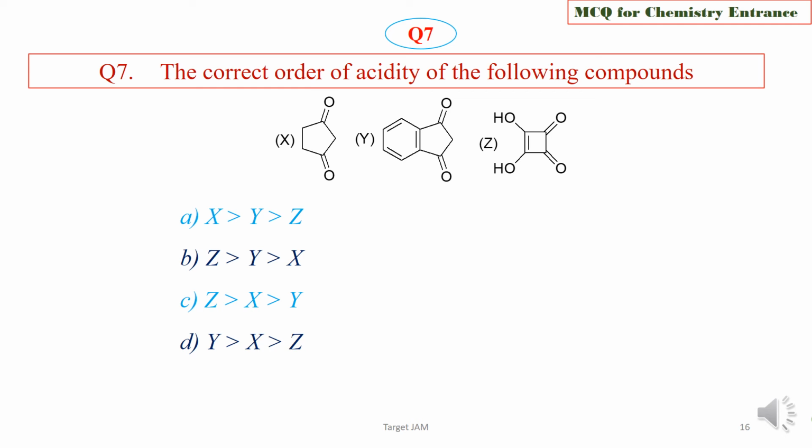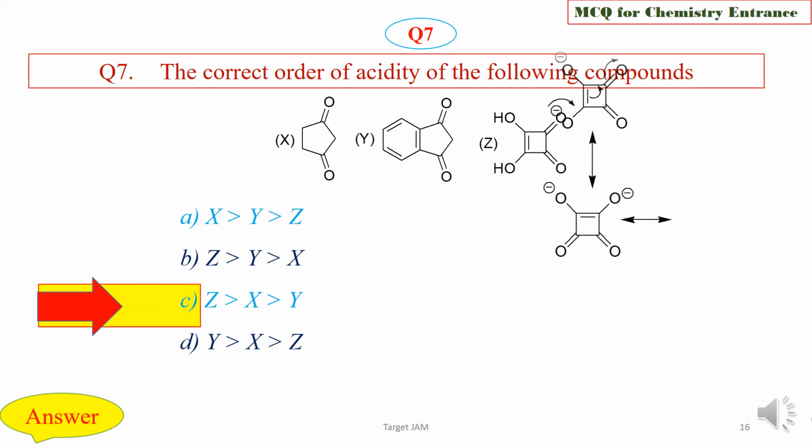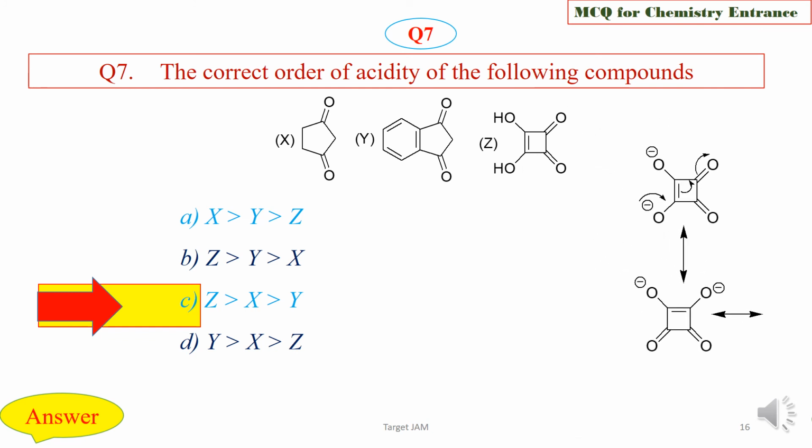Choose the correct option, and we are now going to check the answer key. The right option is option C, that is Z is the strongest acid and Y is the weakest among these three. See, in case of Z, when it loses a proton, the anion is highly stabilized with equivalent conjugating structures.